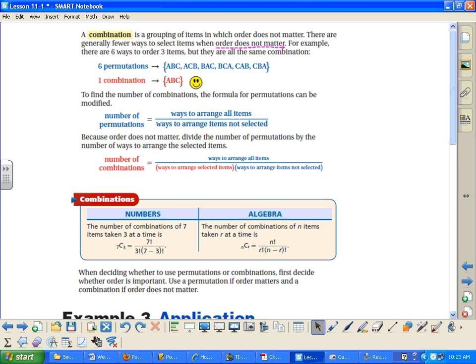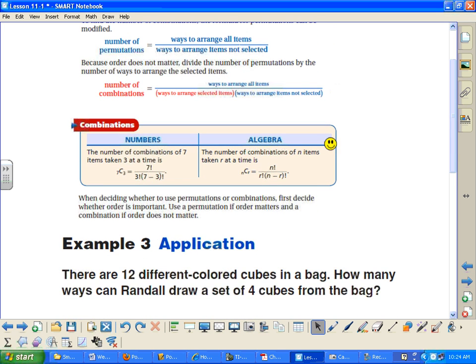So to find the number of combinations, the formula for permutations can be modified. So here's our permutations model here. Ways to arrange all items divided by ways to arrange the items not selected. To where if I want a combination, we have ways to arrange all items divided by both the ways to arrange the items times the ways to arrange the ones not selected. And so that produces this formula here for combinations.